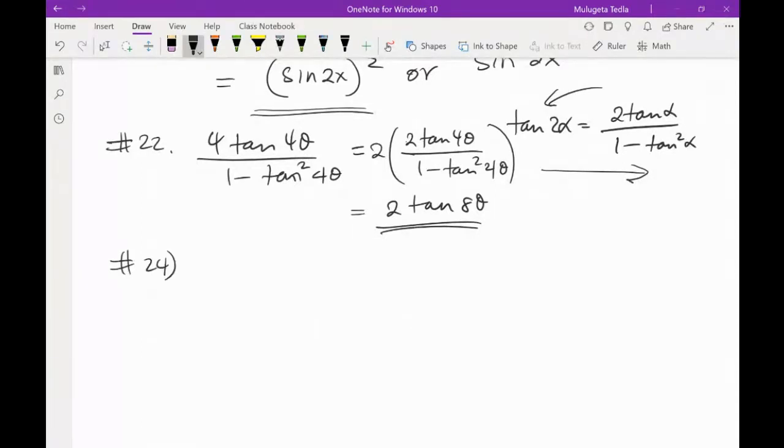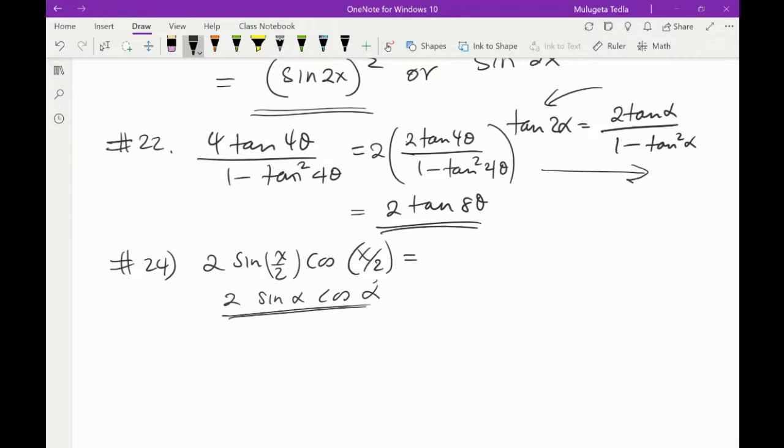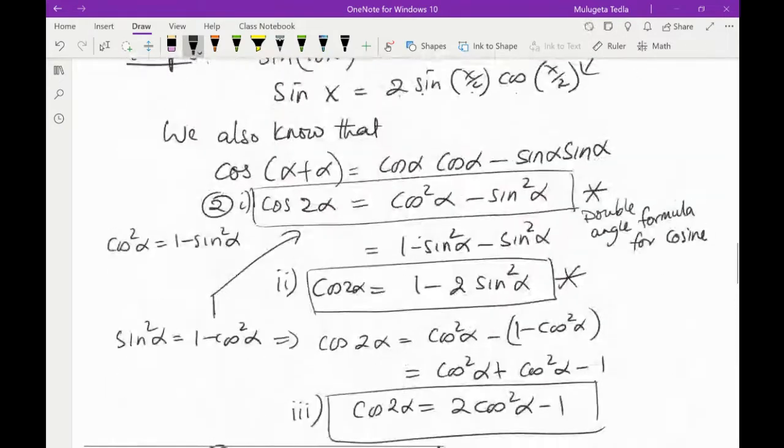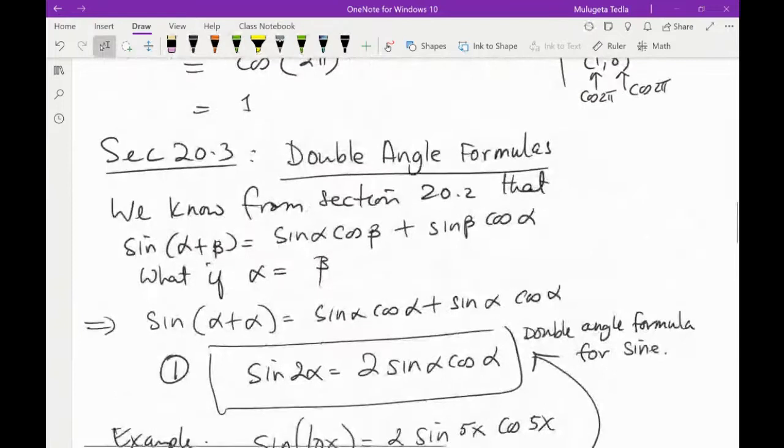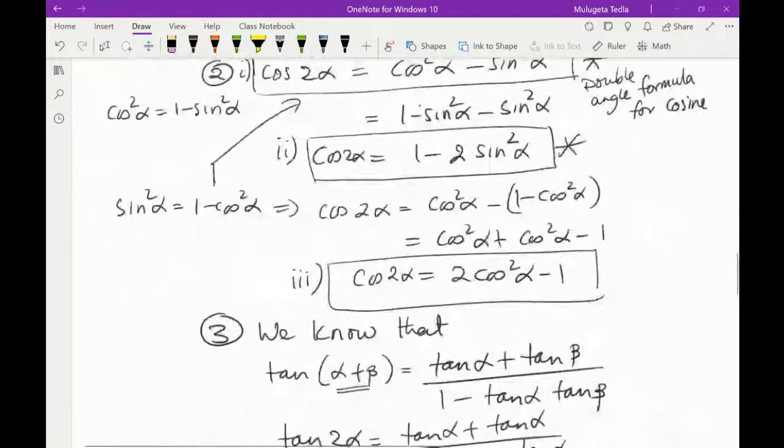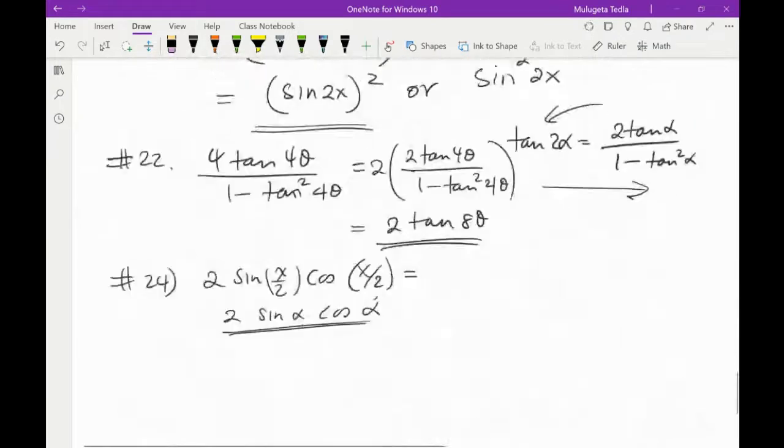Number 24. 2 sine of half x, or x over 2, cos of x over 2. This is very obvious. It doesn't matter. This is sine of alpha, cos of alpha. This is a typical double angle formula of the sine, no matter how complicated the angle is.